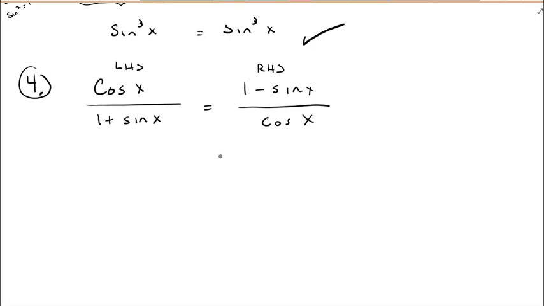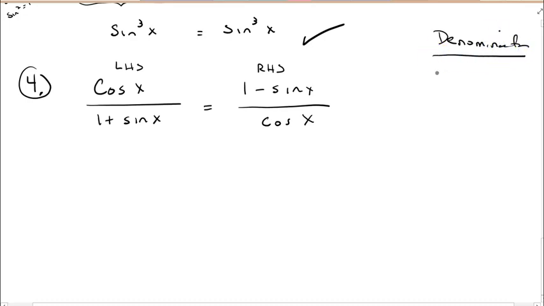When you're stuck, this trick comes into play when you have a denominator on either the left or right-hand side that looks something like 1 plus sine x, maybe 1 minus sine x, 1 plus cosine x, 1 minus cosine x.